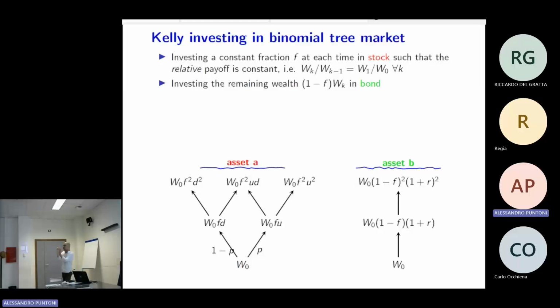One important aspect of Kelly investing is that the fraction of the wealth that we invest at each time is constant. This means that the ratio between the wealth at time k and the wealth at time k minus 1 is constant over time.